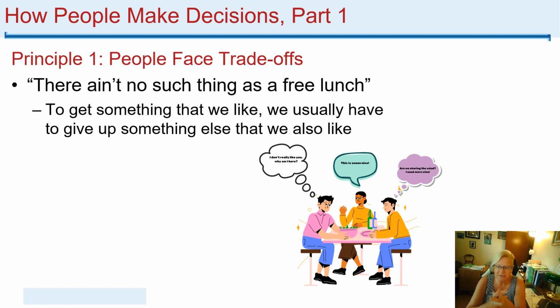And so you might get a conversation like we have at this particular table. So we faced a trade-off. And the question is, you got a free lunch, right? But was it really free? It wasn't, because you had to give up your time. Maybe you had to spend some time with someone you didn't particularly like, or learn throughout that interaction that you didn't like them or want to spend time with them.